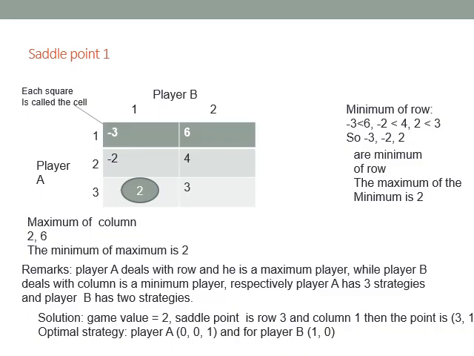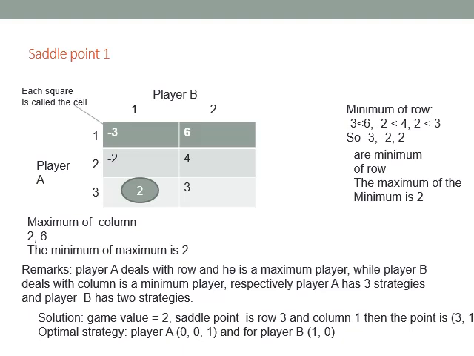So the maximum of column 1 is 2. Moving to column 2, we find that 6 is more than 4 and more than 3.